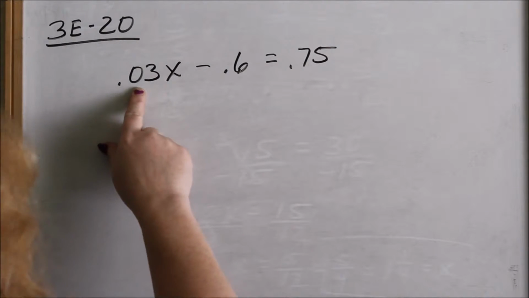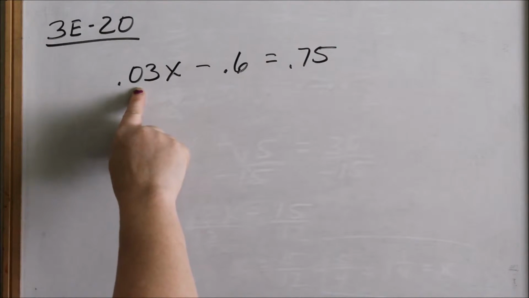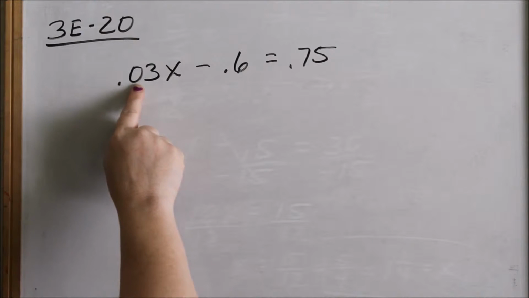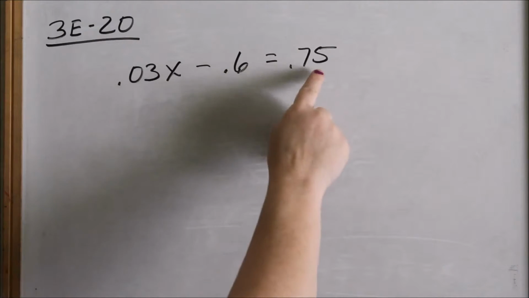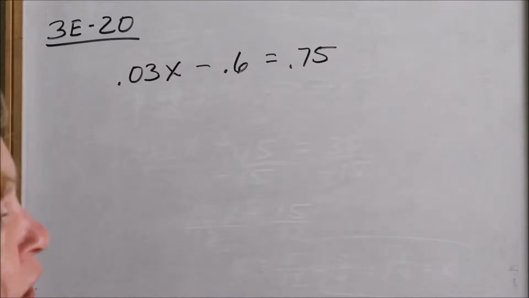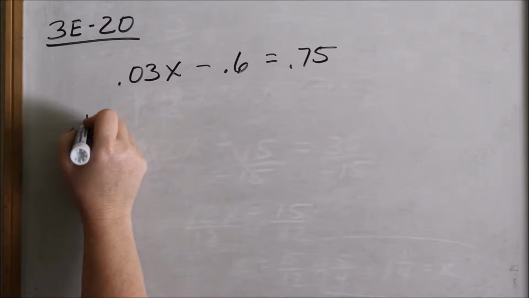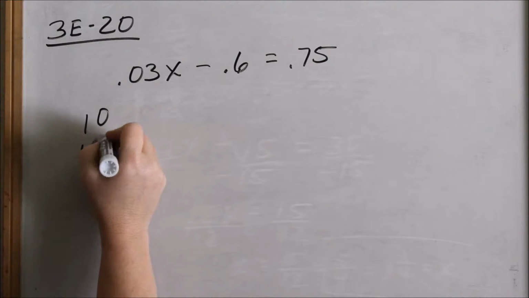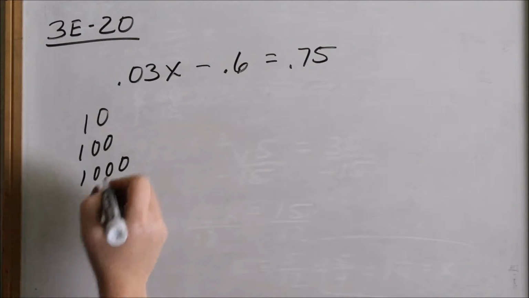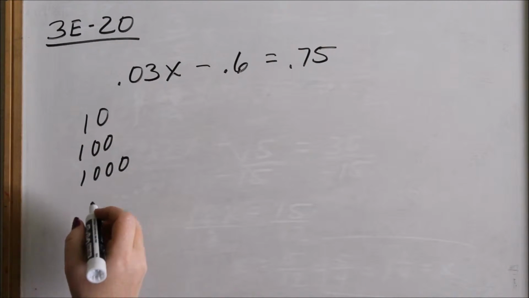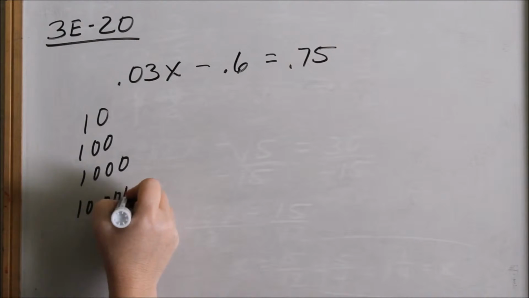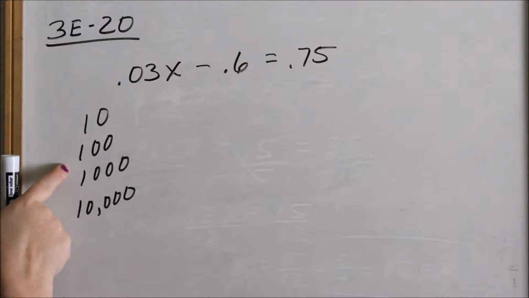The first thing you need to do is look at how many decimal places each term has. This has 2 decimal places, 1 decimal place, 2 decimal places. You will be multiplying each of these terms by a multiple of 10, or maybe I should say a factor of 10: 10, 100, 1,000, 10,000.